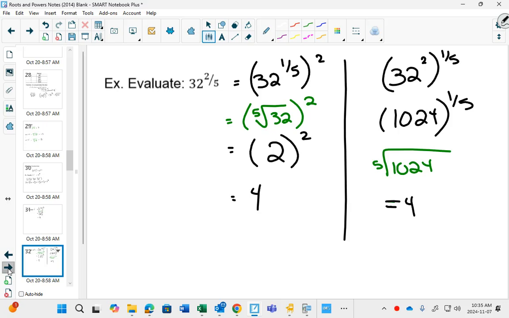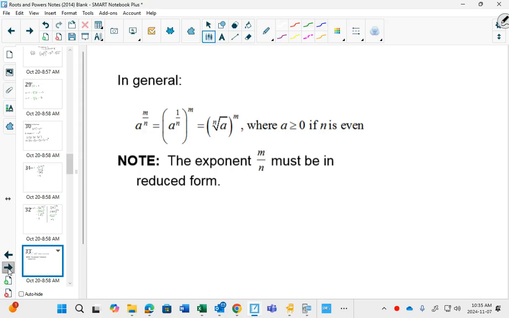Oh, I've got a controversial example coming up. So in general, if you have a fraction, I would do the nth root first to the exponent of m, which means do the nth root and the exponent of m. Okay?